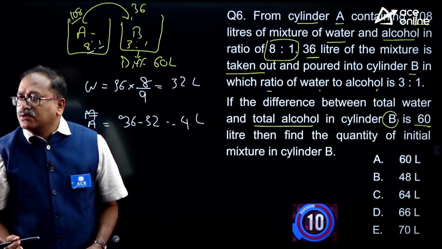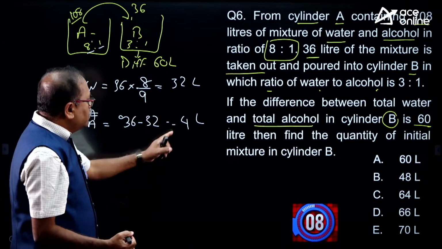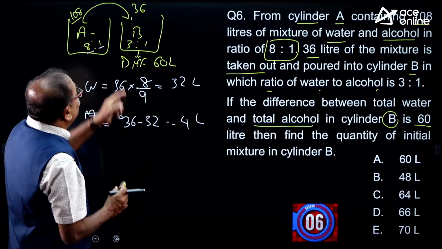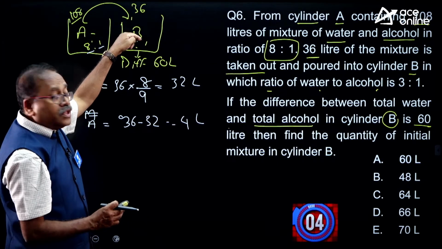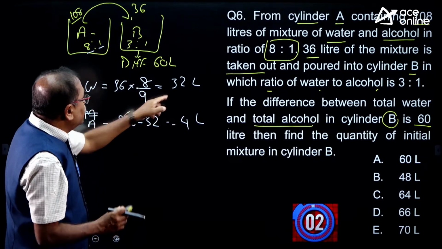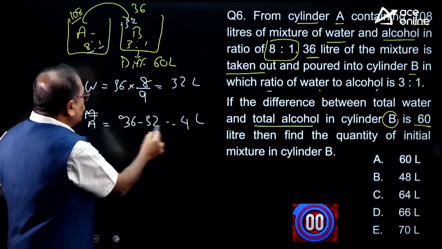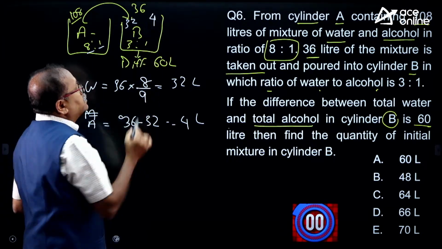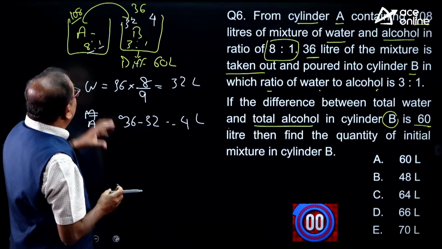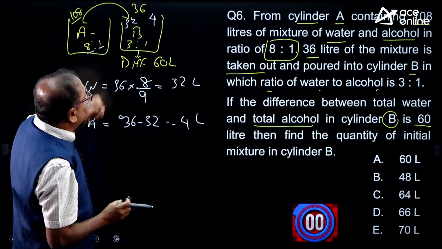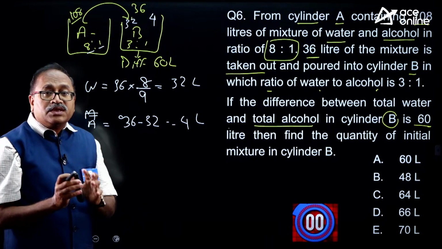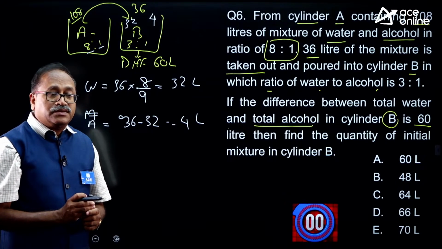Anyone answer the question? So 32 liters of water and 4 liters of alcohol has gone, and the difference is 60 liters, it says.